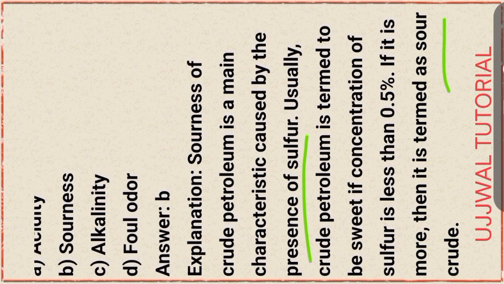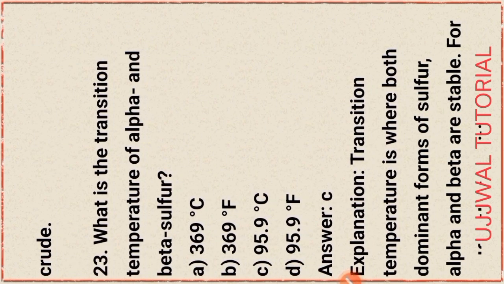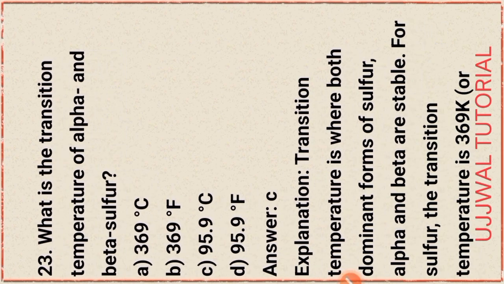Next question, question number 23. What is the transition temperature of alpha and beta sulfur? Let me explain this part: answer C, 95.9 degrees. The transition temperature is where both forms of sulfur, alpha and beta, are stable.